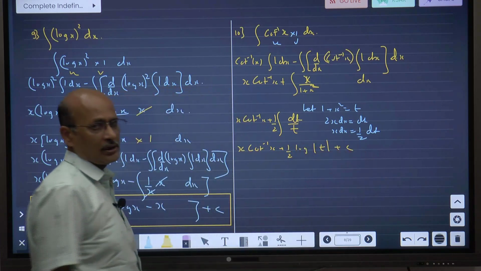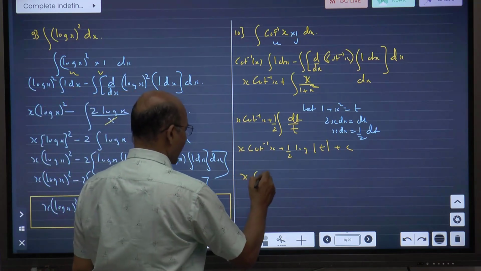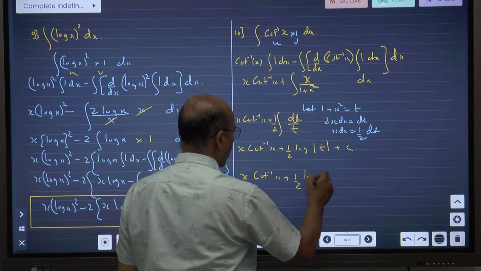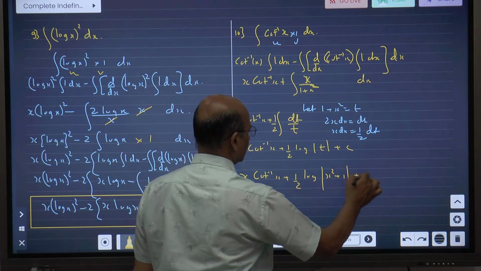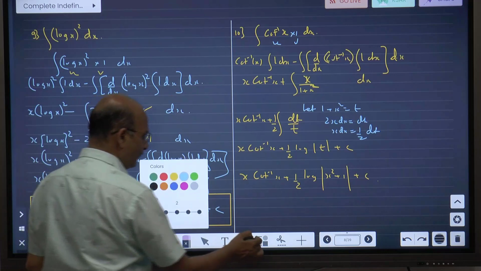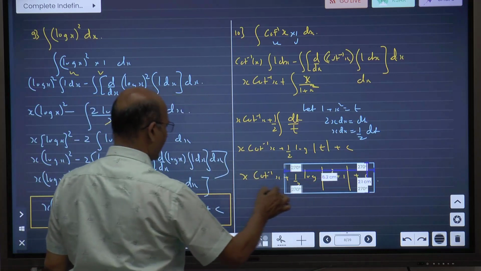Replace t and then say so. So what happens now here? This will be x cot inverse x plus half of log of x square plus 1, plus c. Very interesting, very important and very charming. Keep that in mind.